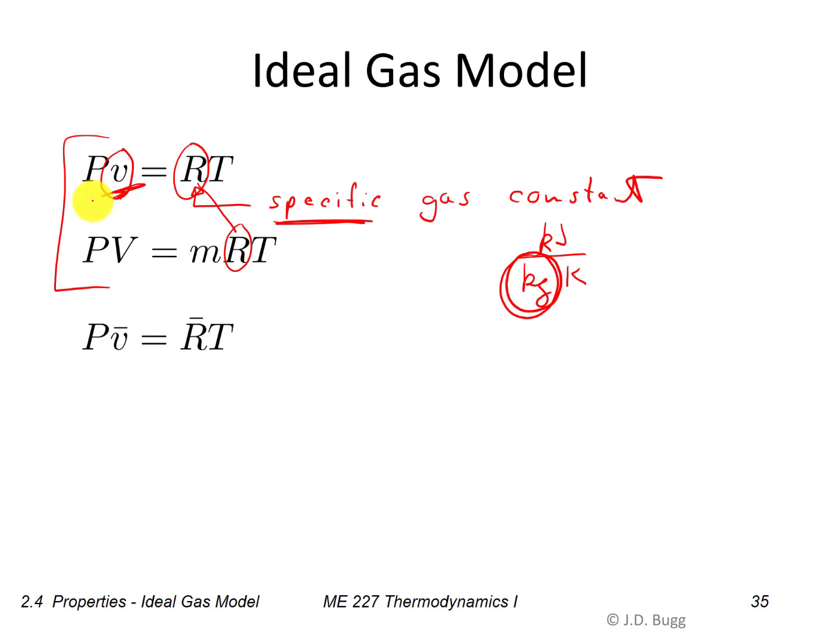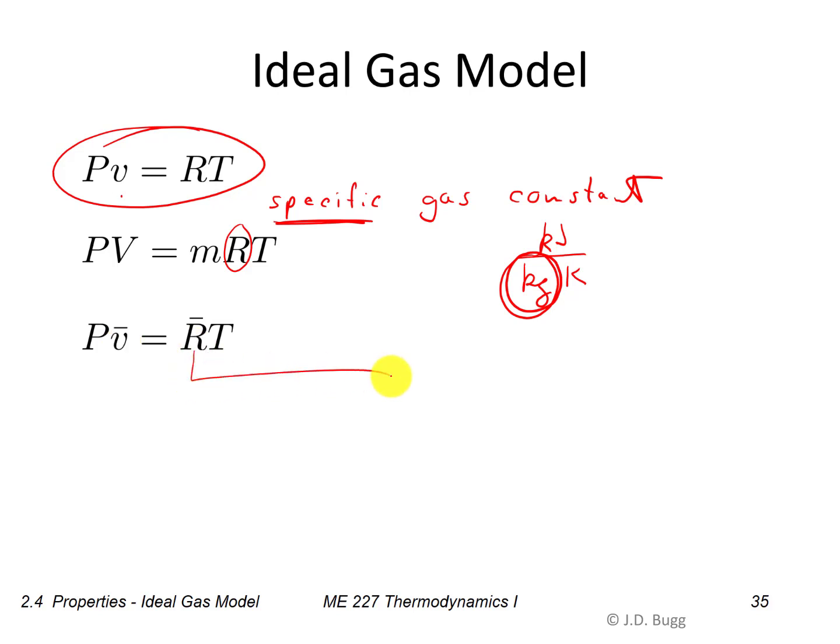So that word specific has the same meaning as it has when we talk about specific volume, per unit mass basis. However, this form of the equation is on a molar basis, and notice it's exactly the same as this one. It's just there's a bar over top of the V and a bar over top of the R. So now this volume is cubic meters per kilomole in SI units, and therefore this is a gas constant on a molar basis.